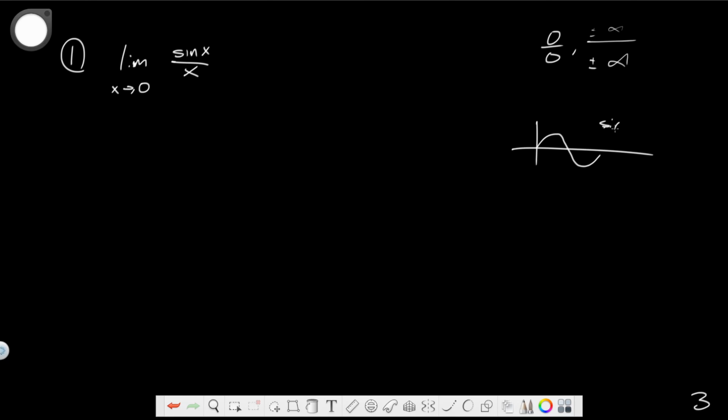At sine of 0, we have 0. And then f of x is equal to x, of course, looks like this. F of 0 does equal 0. So we do have 0 divided by 0 here.